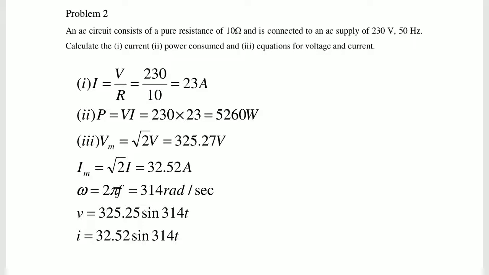Here an AC circuit consists of a pure resistance of 10 ohms and is connected to an AC supply of 230 volts, 50 hertz.